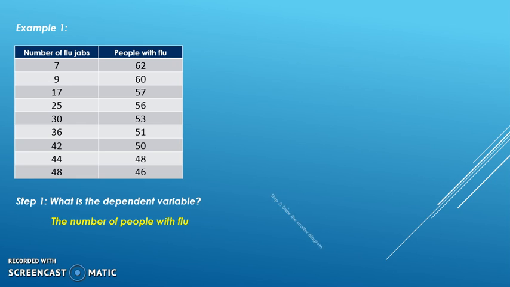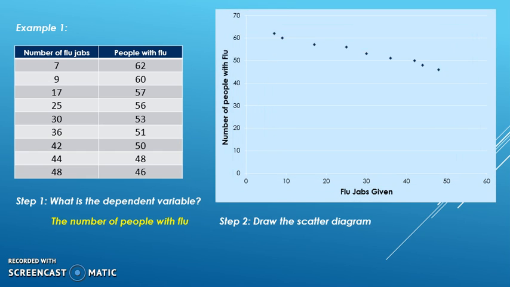Now let's go on to step 2. Draw the scatter diagram. There's our scatter diagram. We've got the dependent variable on the y-axis, number of people with flu, and the independent variable, the flu jabs given, on the x-axis. So when the number of flu jabs was 7, about here, then the number of people with flu was 62.